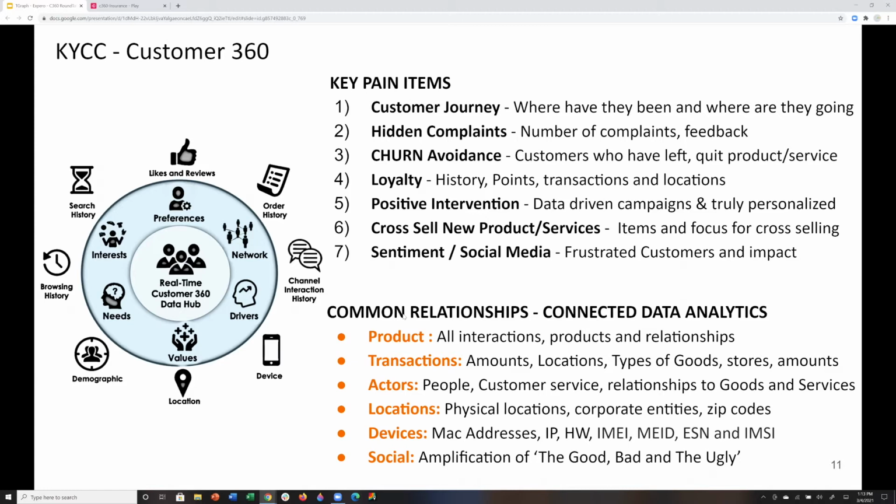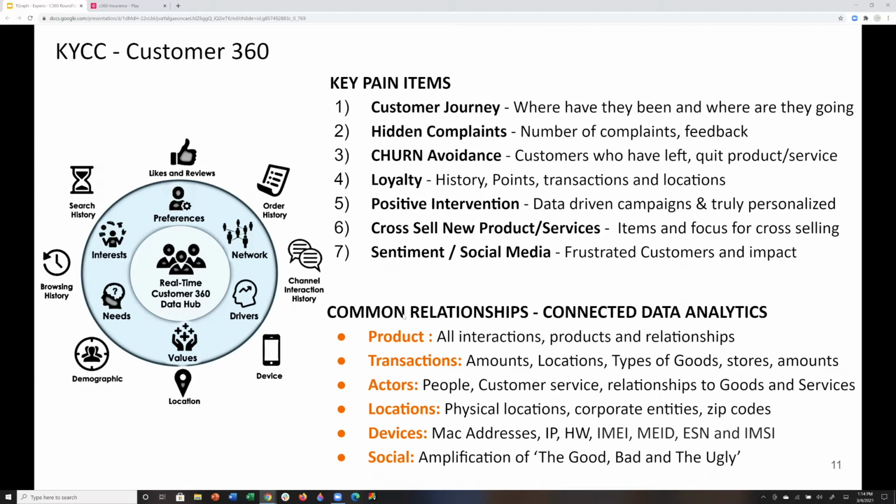So those are the pain items, and we can turn those into common relationships and connected data analytics. We need to have not just a customer 360, we also need a product 360. We need to understand all the interactions around products and the relationships around that. What stitches together these experiences between products, services, and customers is very, very powerful. We have a long history of being able to track all the transactions, but we don't have them in context necessarily.